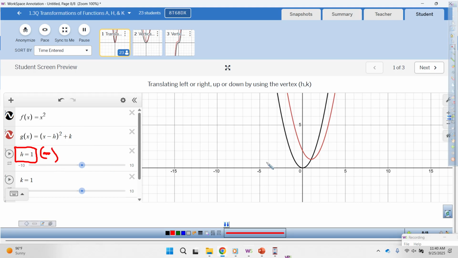What happens to the graph? What happens to the graph when h is negative? Tell your neighbor. All right. Gio, what happens to the graph when h is negative?